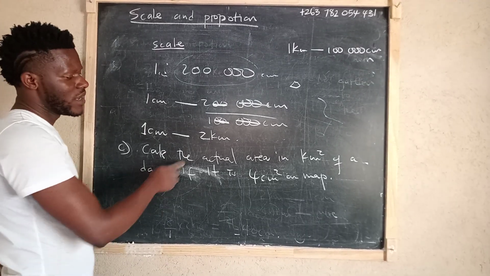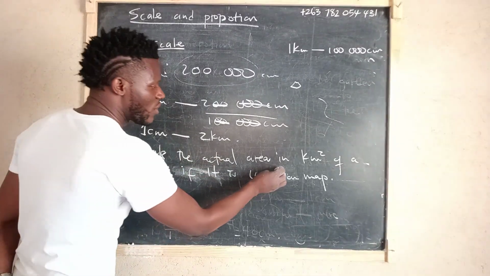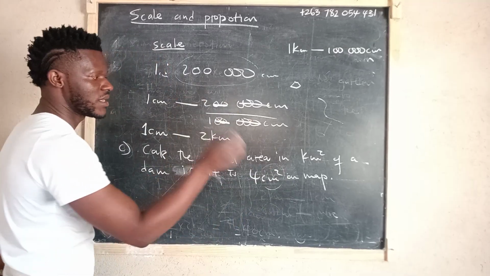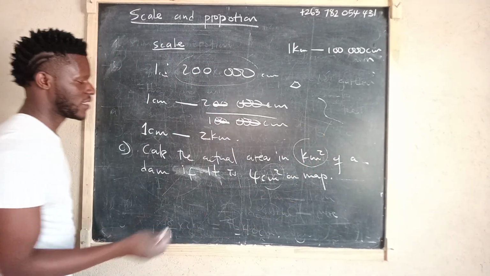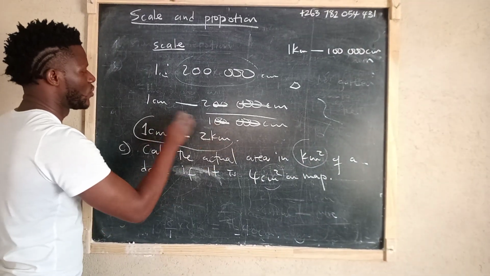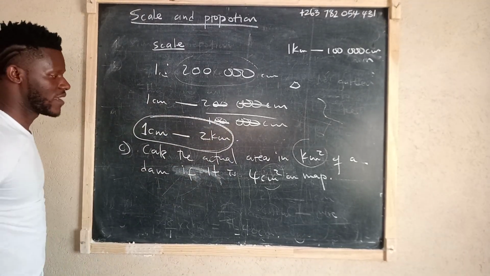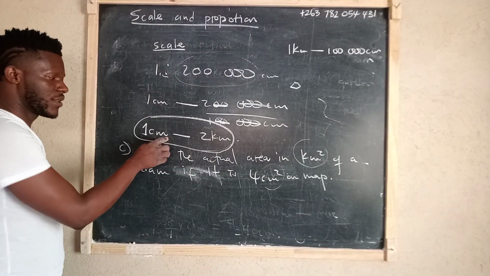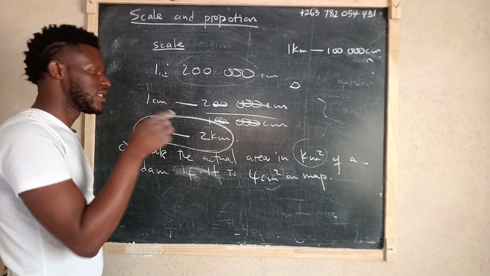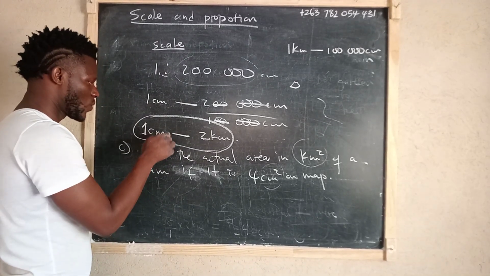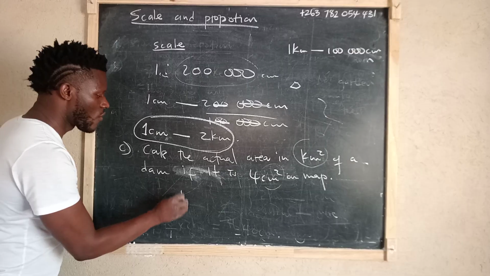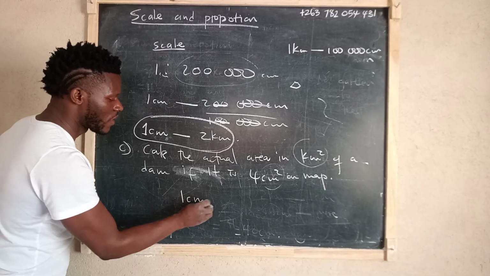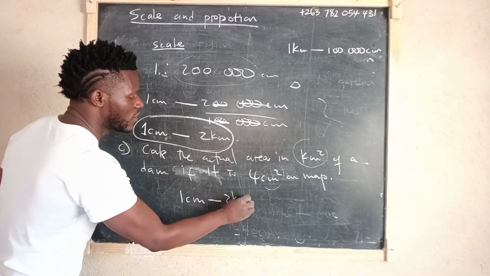Now look, when it comes to area, we are talking about square centimeters, square kilometers. So this scale no longer deserves to be the one that we will be using. This scale was for length. So when you're dealing with area, you must square the scale first. 1 centimeter is 2 kilometers.